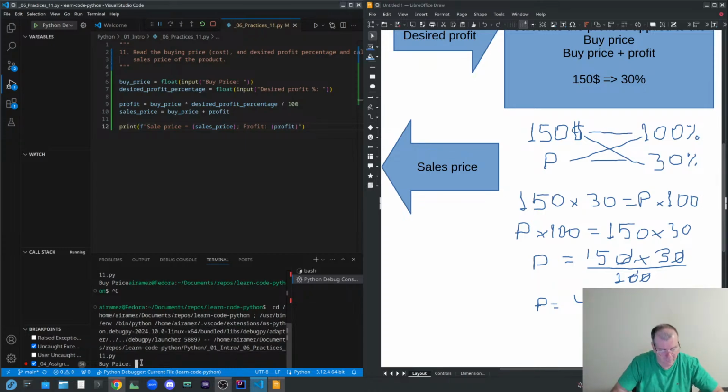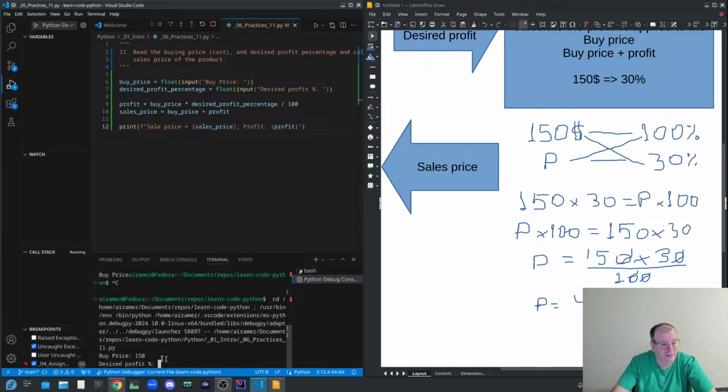So now let's say the buy price was 150. I went and bought something for 150. It's very common to do that nowadays, like people go to some website or some place to buy used stuff or even new stuff, and then they resell right away. And they say, oh, I bought for 150 and I want in this one to have 30% of, let me put a breakpoint here, 30% of profit.